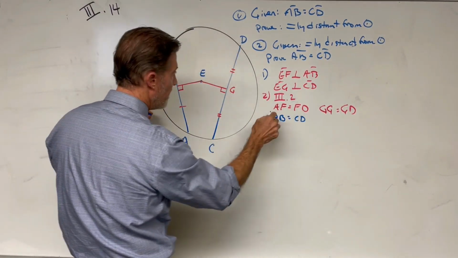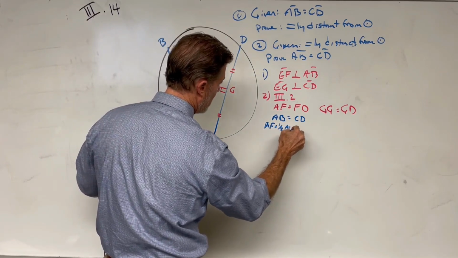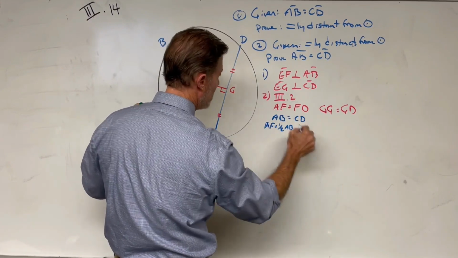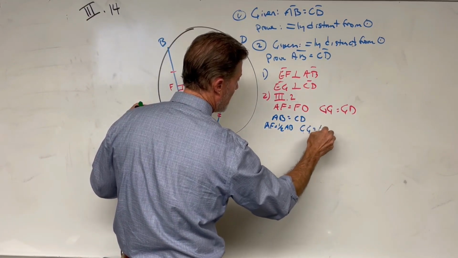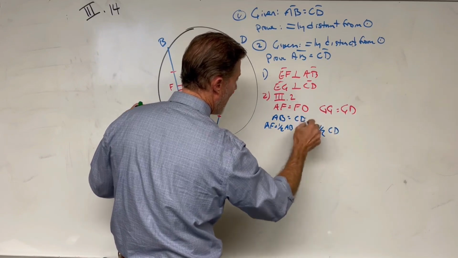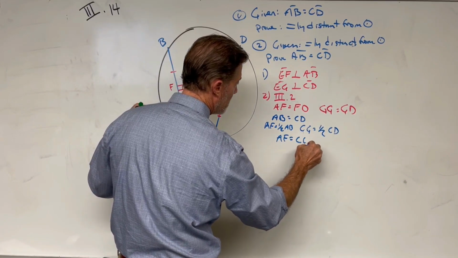And AF is half of AB, and CG is half of CD. And halves of equal things are themselves equal. Therefore, AF is equal to CG.